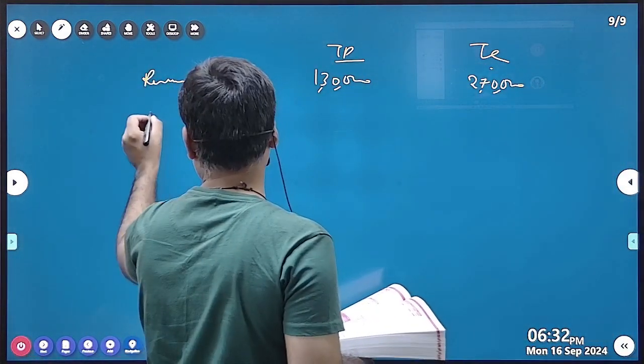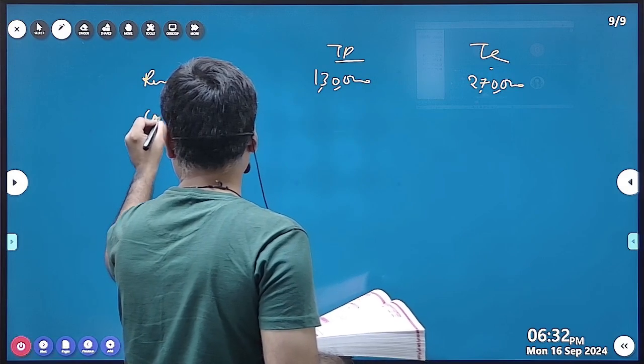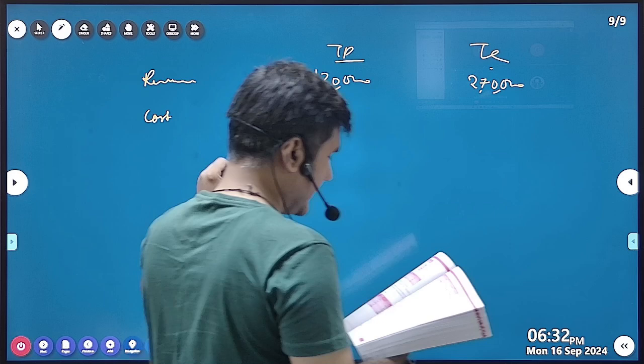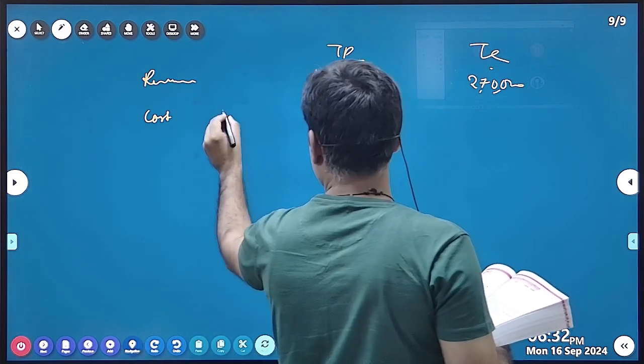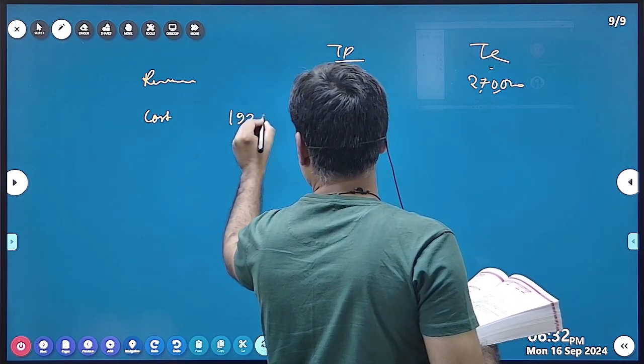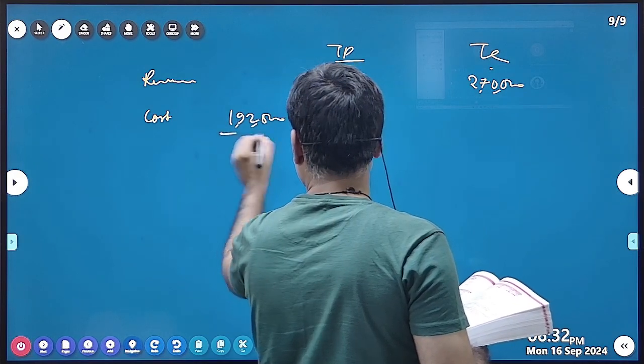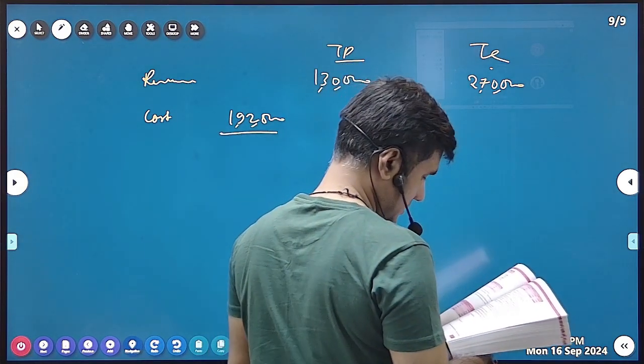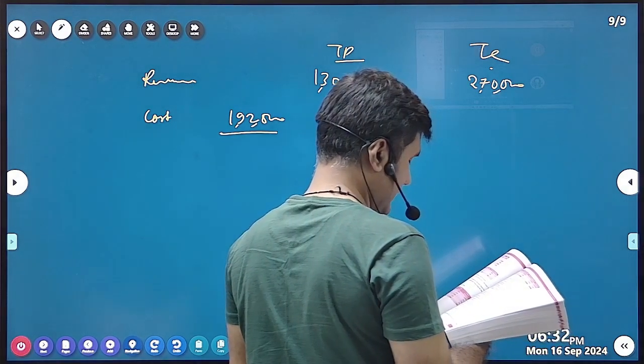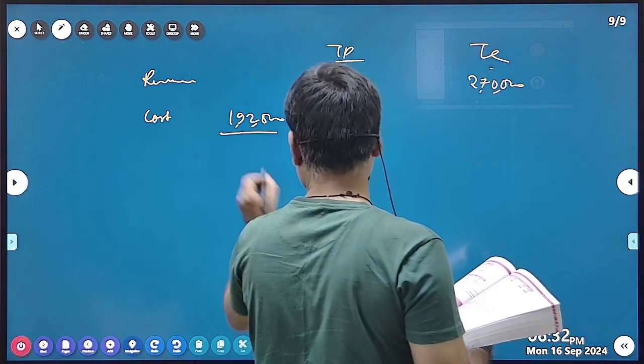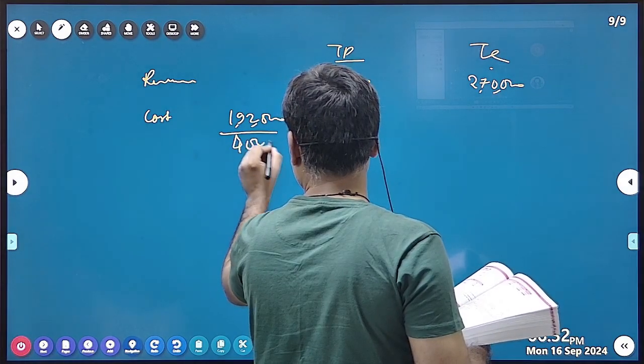Total cost is 1,92,000, right? Total labor hours is 1300 plus 2700, that is 4,000.